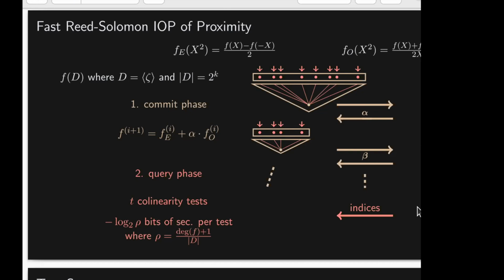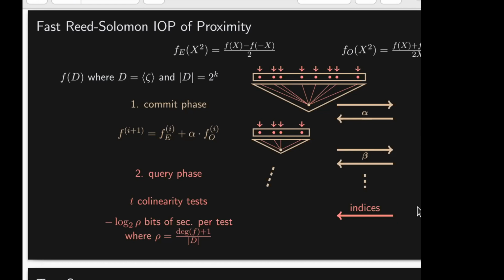Now, these linearity tests are the bottleneck in how you get your protocol to be sound. And we typically use the proximity gaps rule. You get log of rho number of bits of security per collinearity test, where rho is the rate of the code.